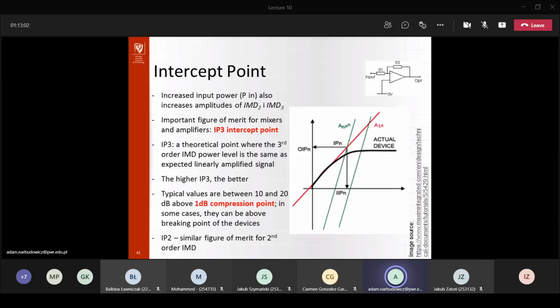Okay, so contrary to the 1 decibel compression point, IP3 is a figure of merit, but it doesn't mean that if you are below this point, you are safe. In the case of the 1 decibel compression point, you know that if you apply power below that point, you should generally not have problems with nonlinear behavior.